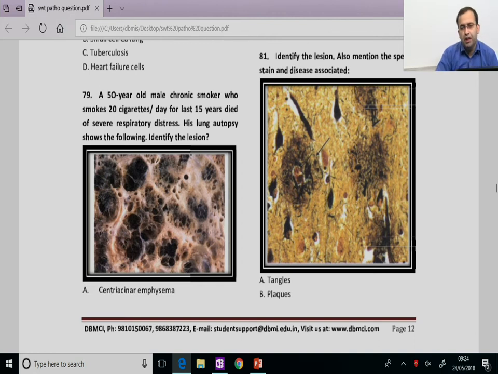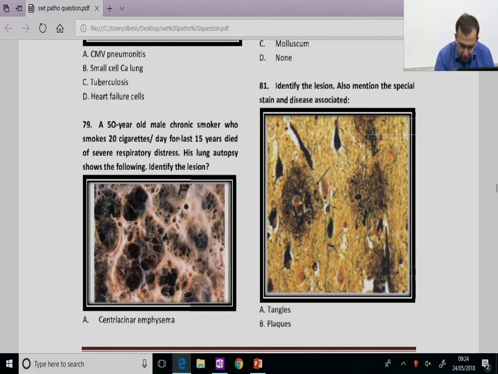Still I am able to make out dilatations which are localized to areas, and the other areas are normal. So now let us see the question. Chronic smoker for 15 years, respiratory distress. These 3 points are sufficient to make it emphysema.